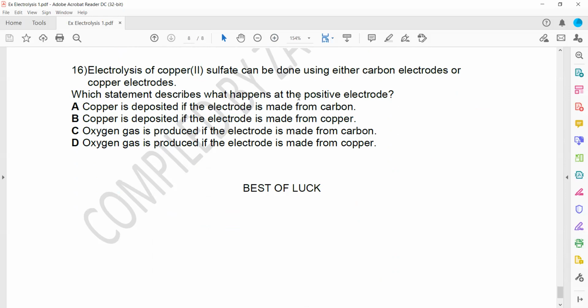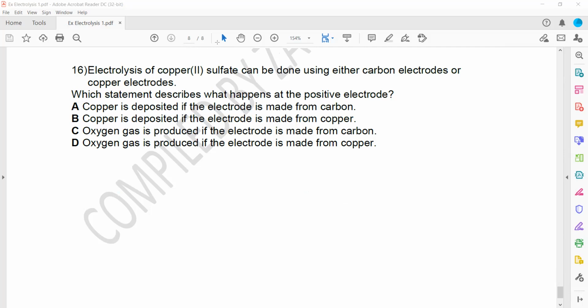Another question: electrolysis of copper 2 sulfate can be done by using either a carbon electrode or copper electrode. So you will find many questions related to this topic, like electrolysis using carbon electrodes and copper electrodes.